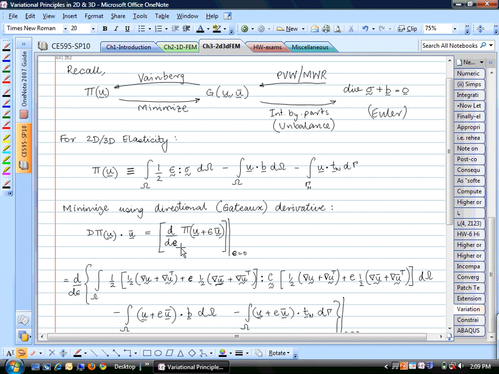This is how we minimize things, right? We take the derivative, set it to 0. So to minimize this potential energy with respect to a virtual displacement, this is the expression that we use. So we are perturbing the energy by this small amount E. It should be E here.